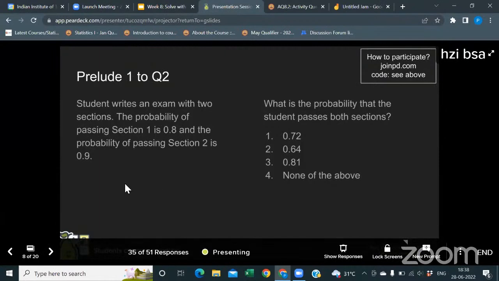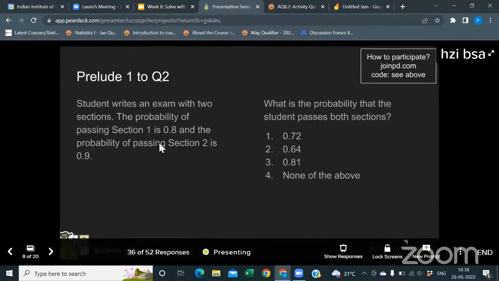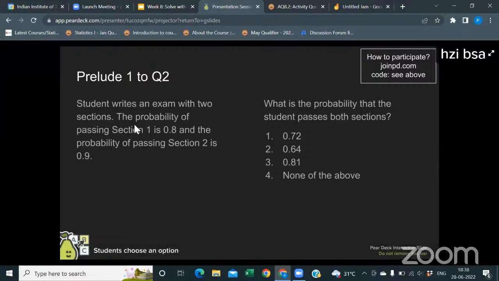Sir, in this question, is the student passing the paper or passing both the sections? The students are writing an exam with two sections. That exam consists of two sections. So it is passing the exam or passing both the sections?